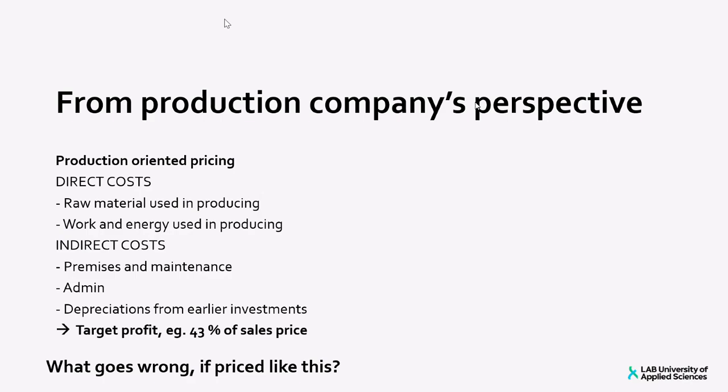I'm not really understanding the question. If the company is aiming to always get the profitability to be 43%, and they would do pricing based on that, they calculate all the costs and then, what would be the correct term, they are pricing the product or service based on just the costs.